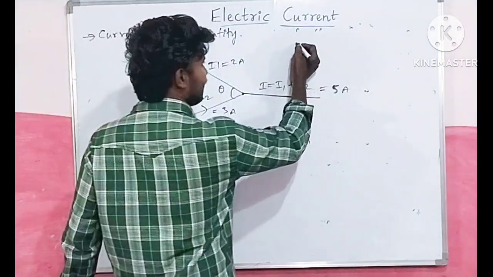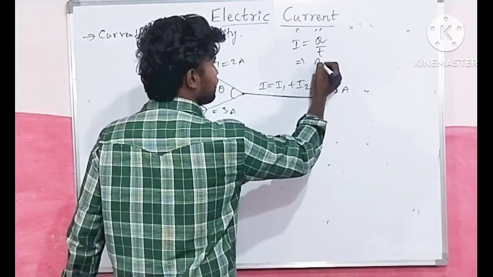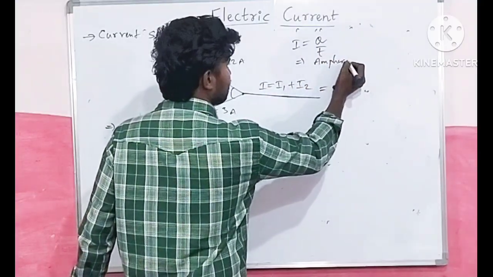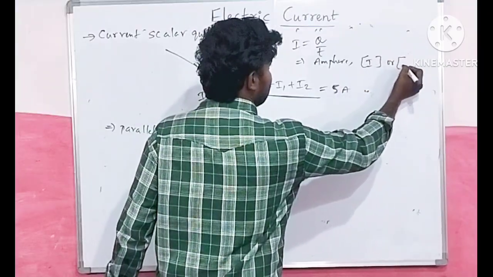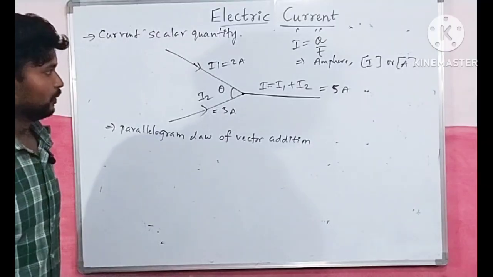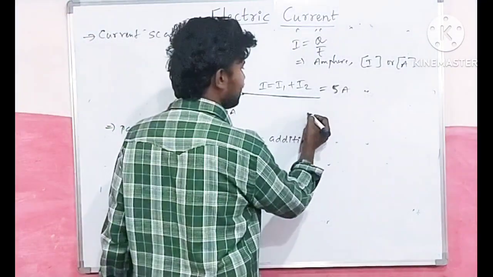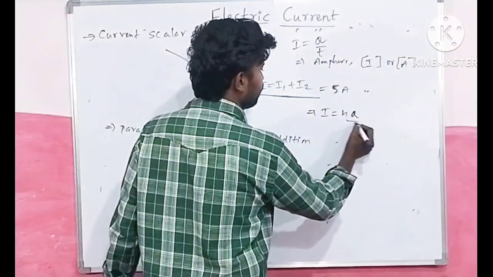Once again, I recall I equal to charge by time. SI unit is ampere. Dimension formula is I R capital A. For example, if n number of electrons are there, current equals n into q by t.